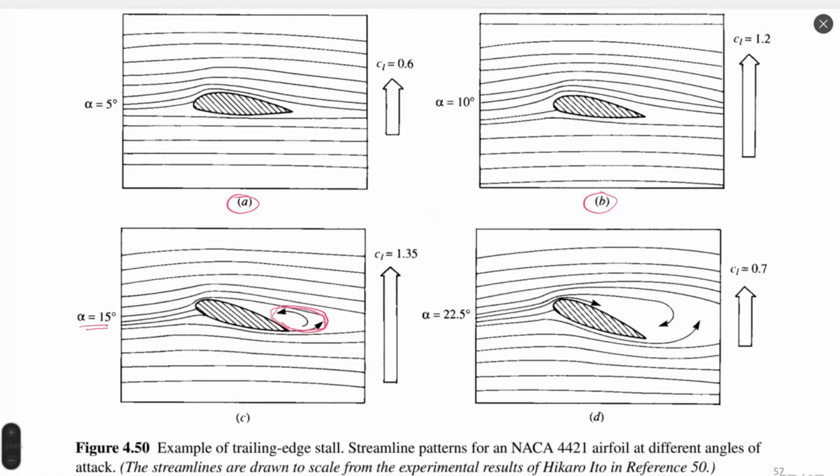Then at a much higher angle of attack, around 22.5 degrees, we can observe flow separation in a large volume above the airfoil. Of course, due to this process we have a decreased value of lift coefficient, but such flow separation over a large volume happens at a significantly higher angle of attack.